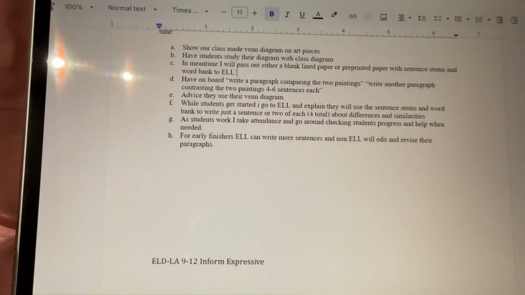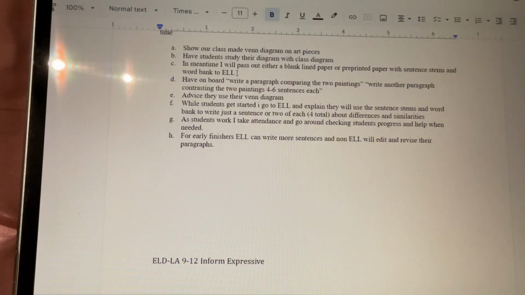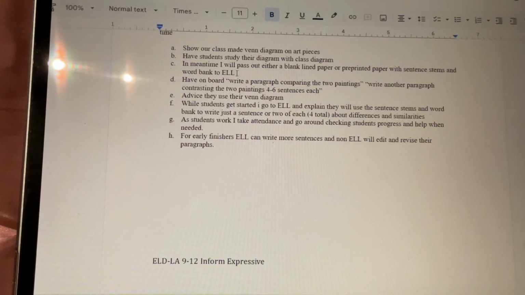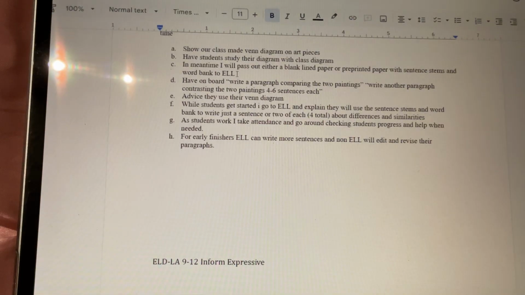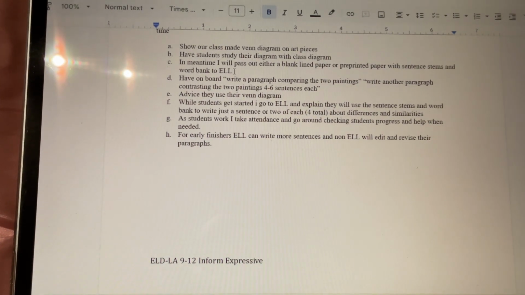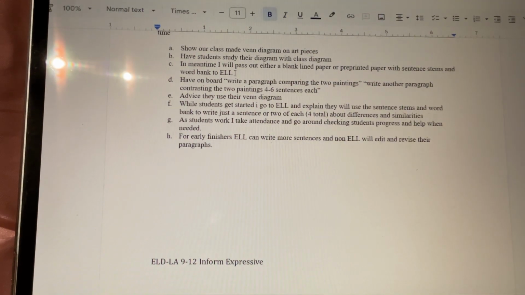And so for the students with the blank paper, I would have on the board: write a paragraph comparing the two paintings, and then write another one contrasting, and then they do 4 to 6 sentences each. And then in the meantime, I would go to ELLs and explain that they will use the sentence stems and the word bank to write just a few sentences of each.